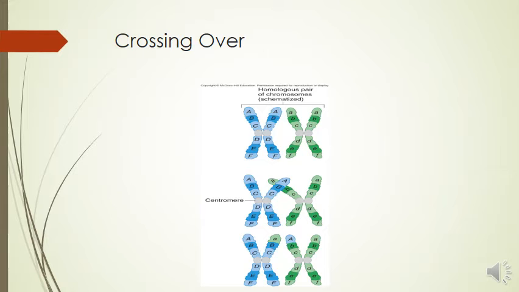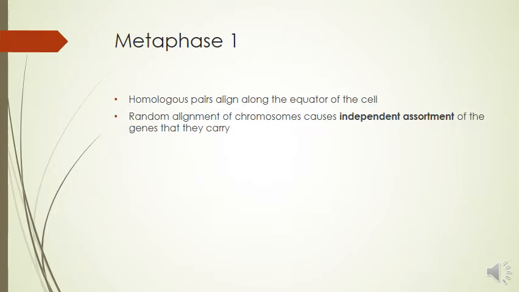We see capital and lowercase letters on this diagram, and they represent different alleles of the same gene. And remember that a chromosome has hundreds to thousands of genes making it up.